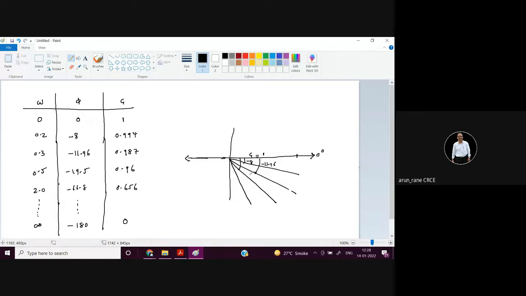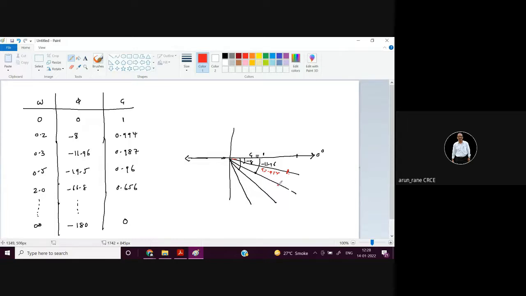Now on minus 8 I will mark 0.994 from here to here. So this is G is equal to 0.994. Then on minus 11.96 I will mark 0.987.